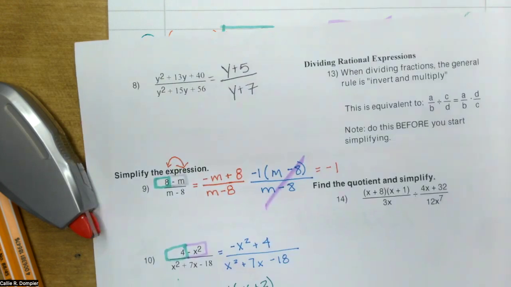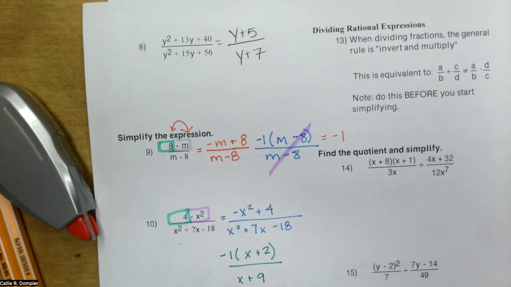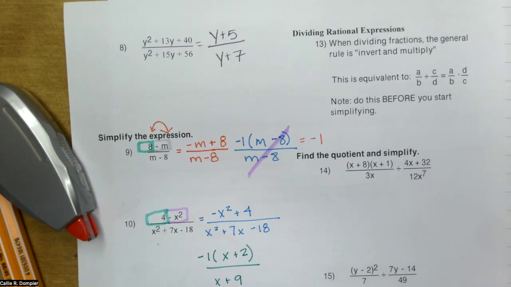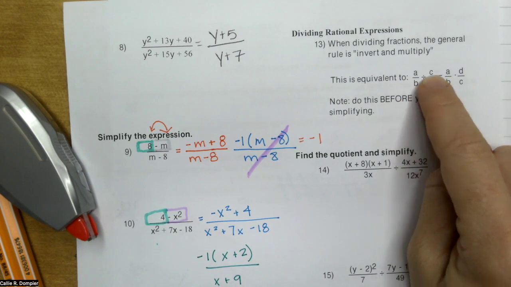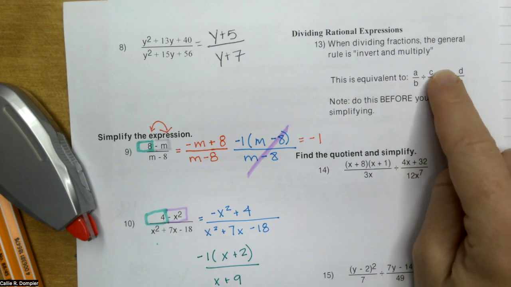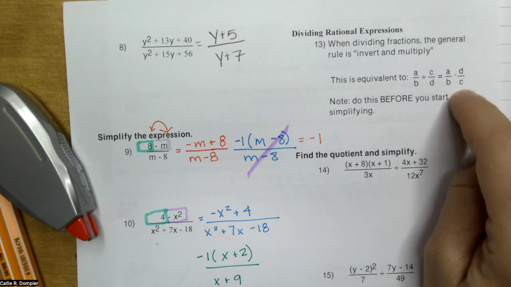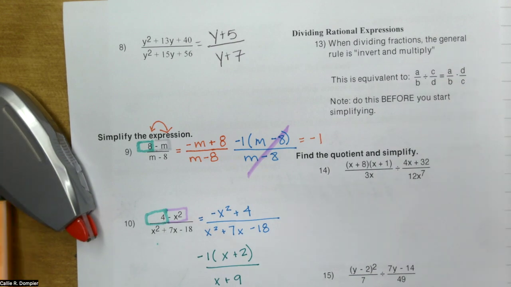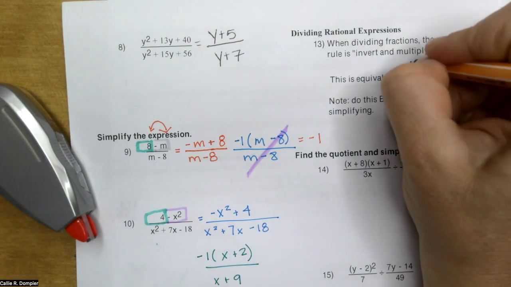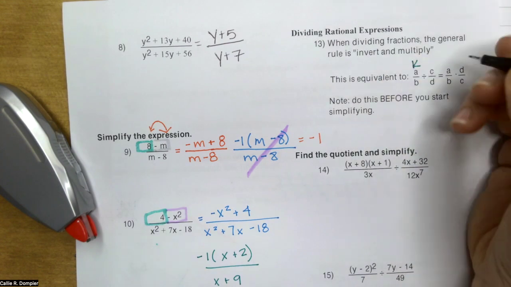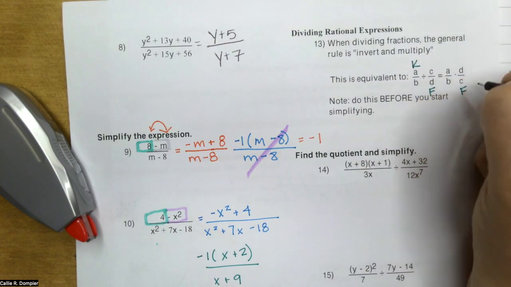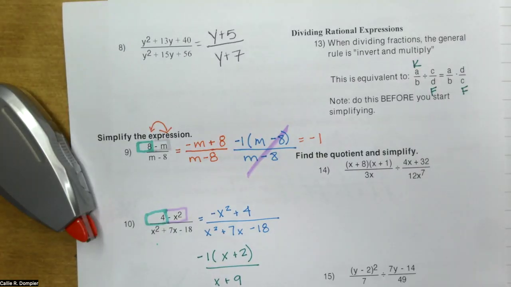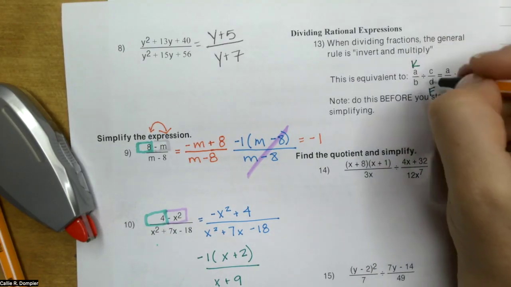So that was multiplying. Now we're going to divide fractions. When you're dividing fractions, the rule is invert and multiply. So A divided by B divided by C divided by D is equal to A divided by B times D divided by C. I think of it as KFC. So we keep the first term, flip the second term, and change the sign.